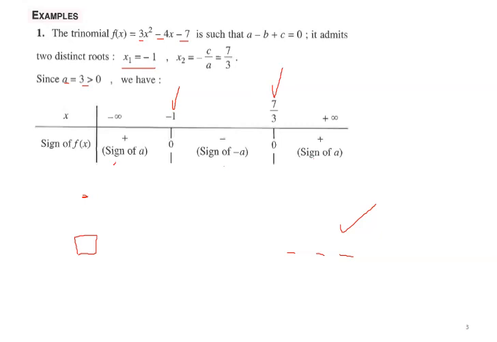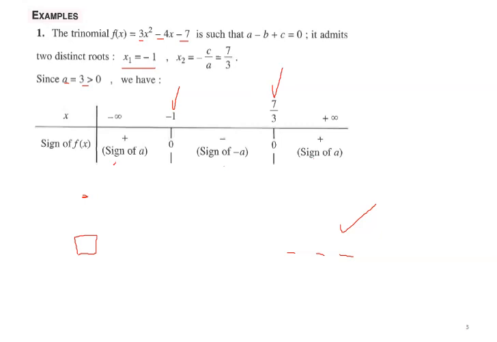So let us take some examples. The first example: 3x squared minus 4x minus 7. Without computing delta, you know that a minus b plus c equals 0, because a is 3, b equals minus 4, and c equals minus 7.